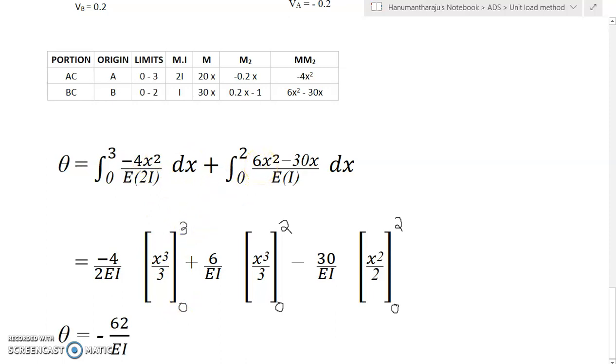Here 6 by EI is constant, integration of x square dx is x cube by 3, limit is 0 to 2. Then here minus 30 by EI is constant, integration of x dx is x square by 2, limit is 0 to 2. When you calculate this, you are getting the slope at point B as minus 62 by EI. This is how to get the slope by unit load method.